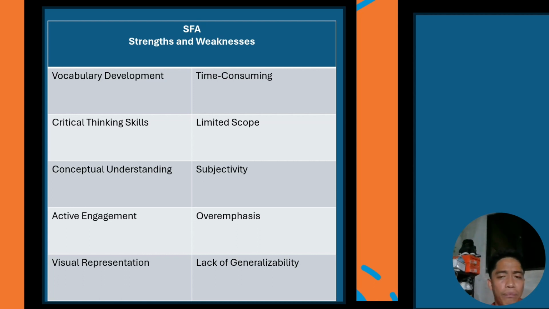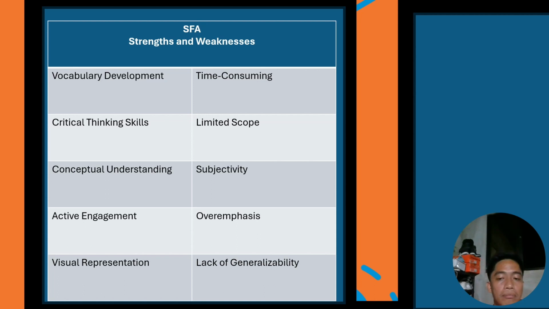SFA also fosters critical thinking skills as students analyze and compare the characteristics of vocabulary words. It prompts them to think deeply, make connections, and engage in higher order thinking processes. And it also enhances a student's conceptual understanding of vocabulary words by exploring their features and relationships.